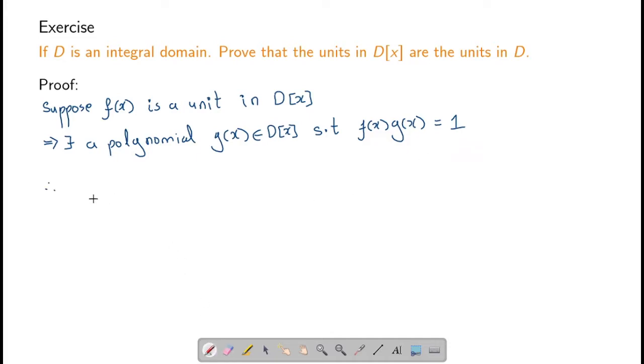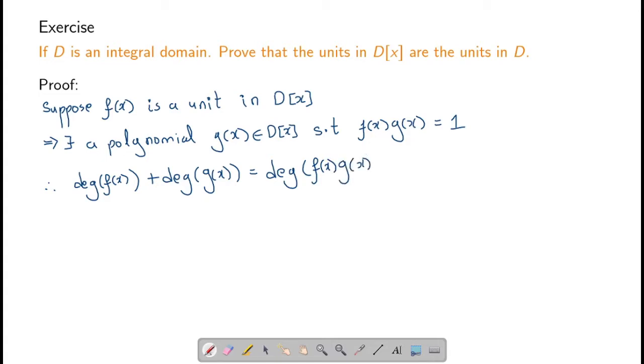Now notice here that the degree of f(x) plus the degree of g(x), which is the degree of f(x) times g(x), is equal to the degree of 1, that is 0.